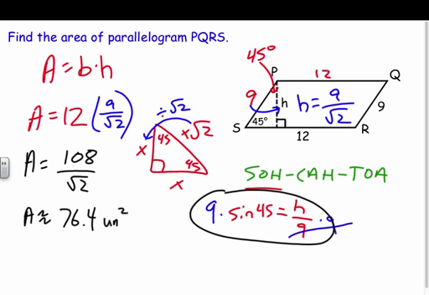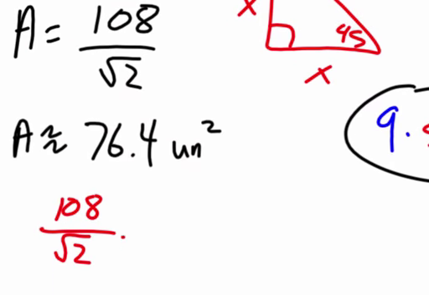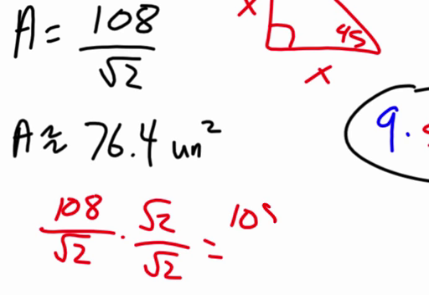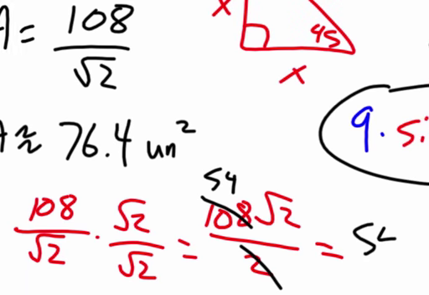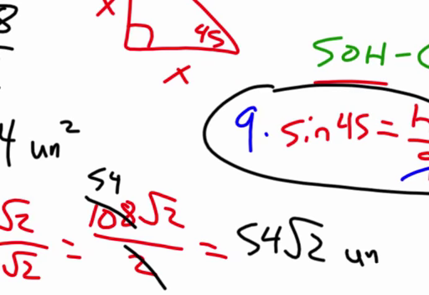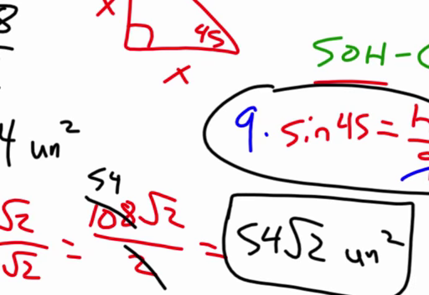Or I could be exact if I wanted to. Right, I could write this in simplified radical form by multiplying by root 2 over root 2, which would equal 108 root 2 over 2. And I could simplify the 108 by 2, because 2 goes into 108 54 times. So it's really 54 root 2 units squared, to be exact.